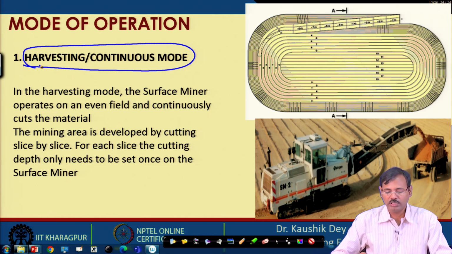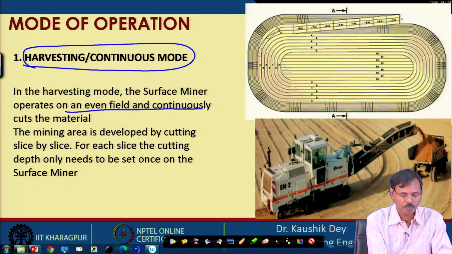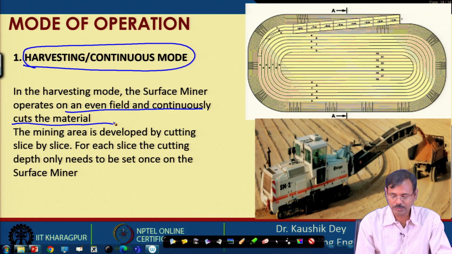What we do in this case, we allow our surface miner to cut continuously, and there should not be any change of operation from this. That means, when the surface miner is turning, that time also we are allowing surface miner to cut.